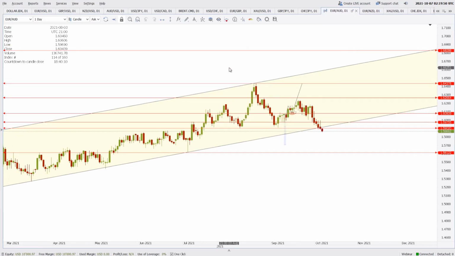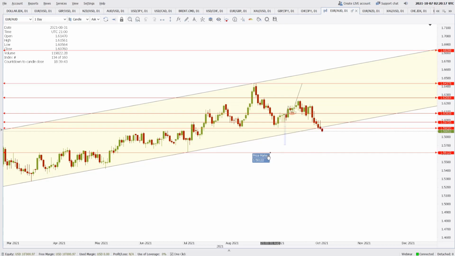EURUSD, I am very bearish in this market. Why am I bearish in this market? Because there has been a head and shoulders breakdown already in this market. Once a head and shoulders breakdown has happened, the price is trading below the resistance of 1.5902, and the next level is almost at 1.5612.